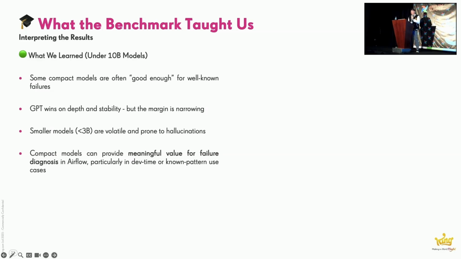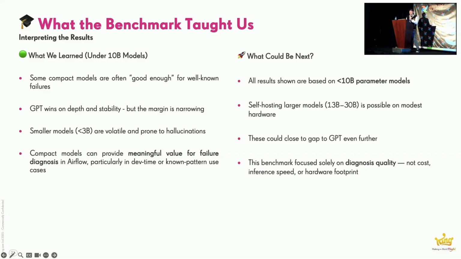But that margin is closing, and even though some of these smaller models are more volatile and prone to hallucinations, we found that models like Qwen and Gemma can provide some meaningful value. But what's next? As I said, this only evaluated sub 10 billion parameter models. We're at a point now where hosting much larger models is possible on pretty modest hardware, and I'm fairly convinced that larger models would close some of these gaps to GPT even more.